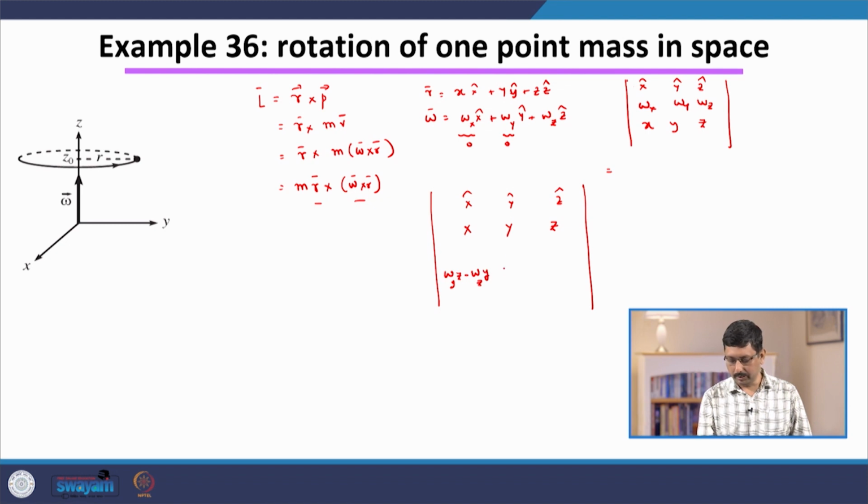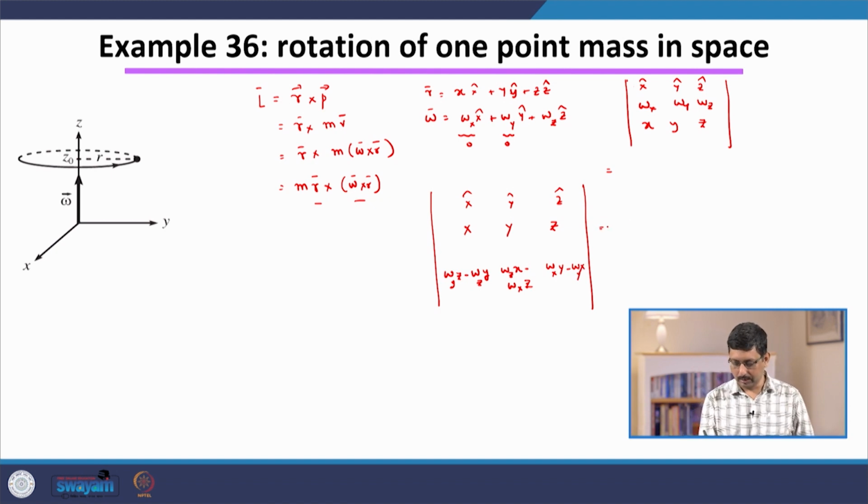Y component will be omega z x minus omega x z, and z component will be omega x y minus omega y x.